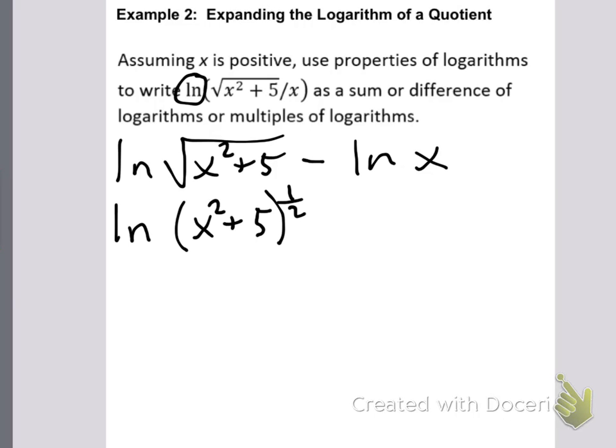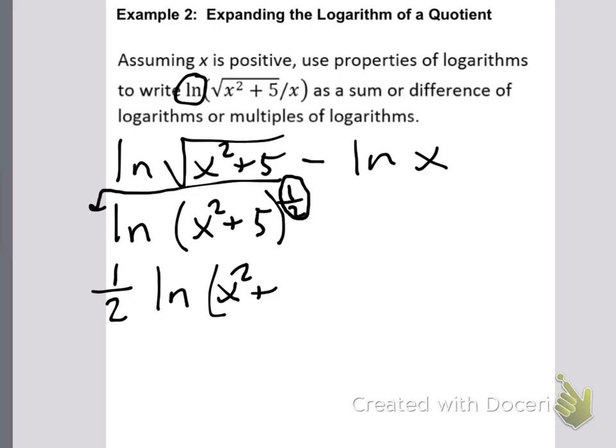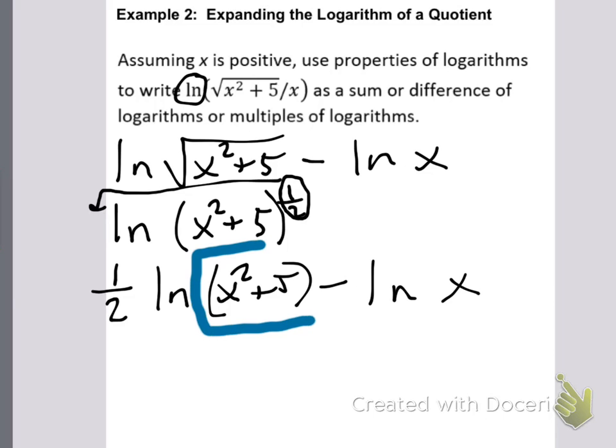So what happens here? We have a power. We have an exponent. Okay, so we're going to move that out front. So I have 1/2 ln x squared plus 5 minus ln x. Now, here's the issue. Okay, if you look at, I'm going to use another color. Look at this. Oh, big time. That's big time teacher move right there.